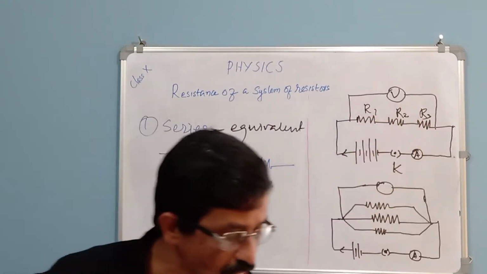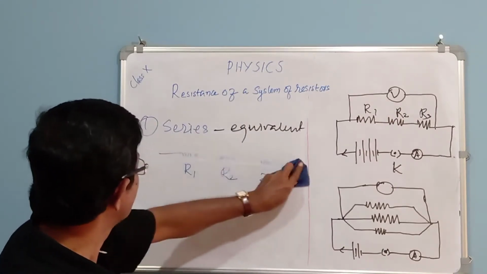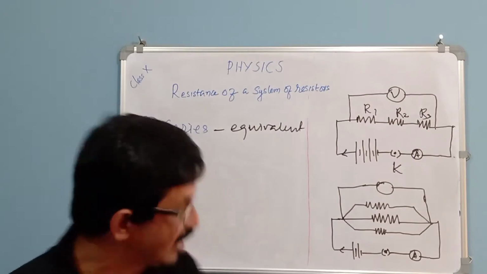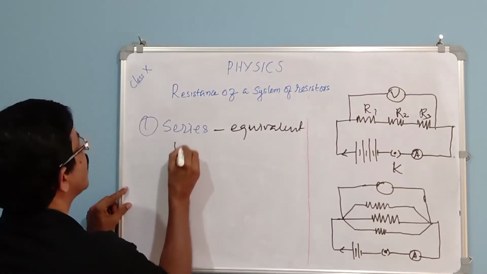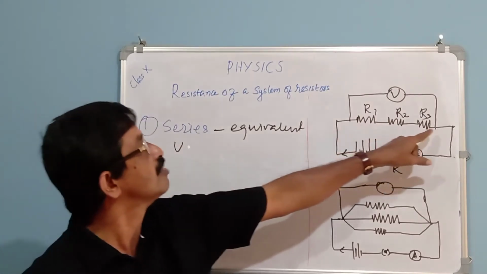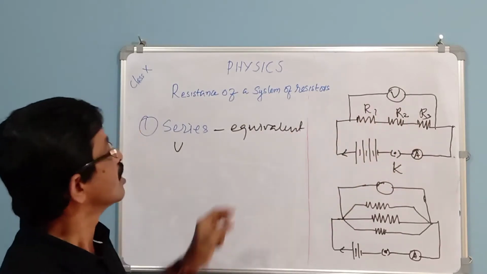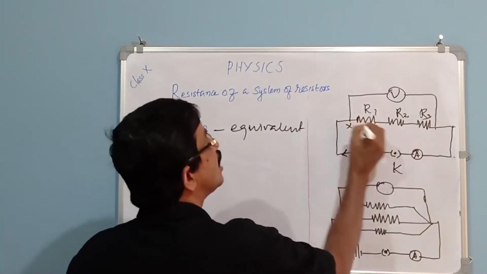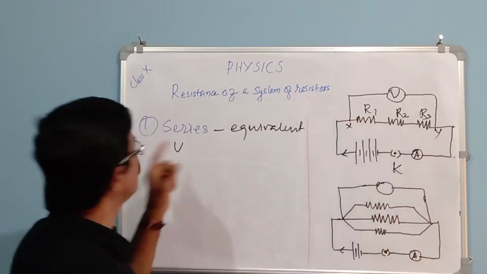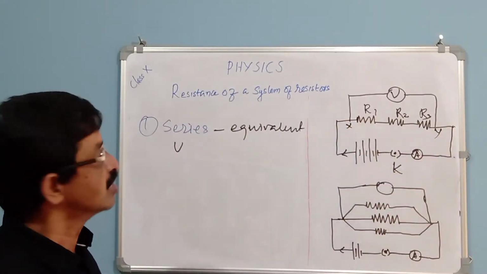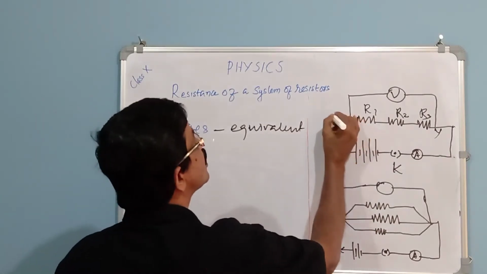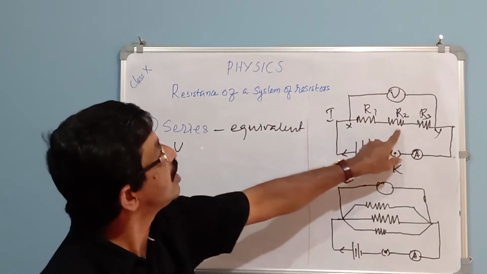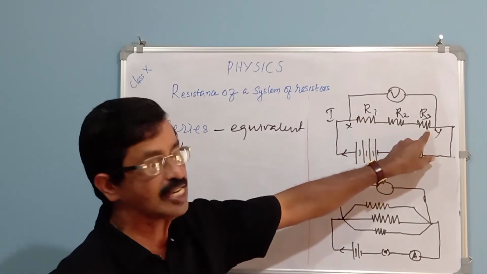Let V be the potential shown by it, that is, the potential across X and Y. The current I reaching here is the same through R1, R2 and R3.